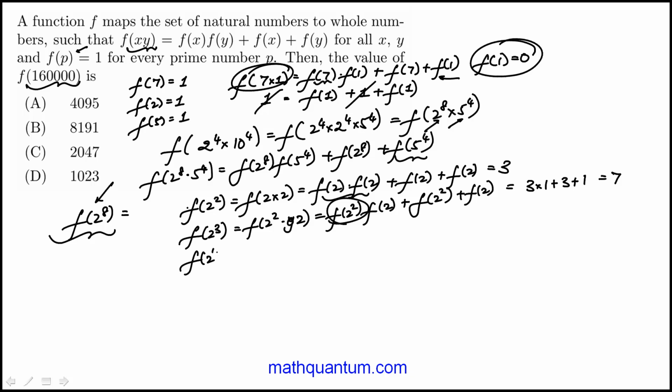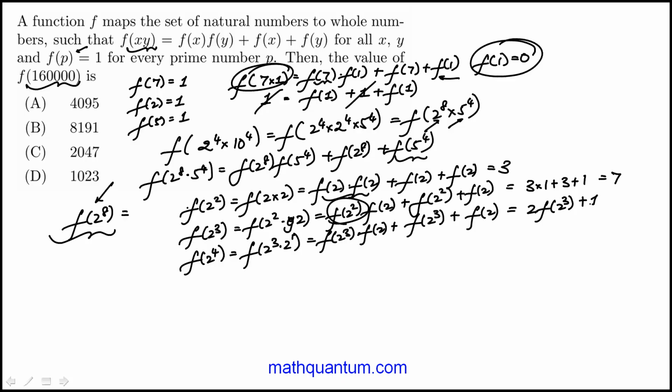And then I do f of 2 to the 4. I actually did all this work because unless you clearly see a pattern, I don't jump to conclusions. And then what you'll start to see is that since f of 2 is 1, you're just doubling the previous value and adding 1. So I think that was the key insight.